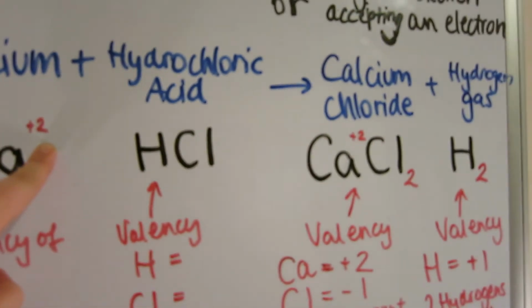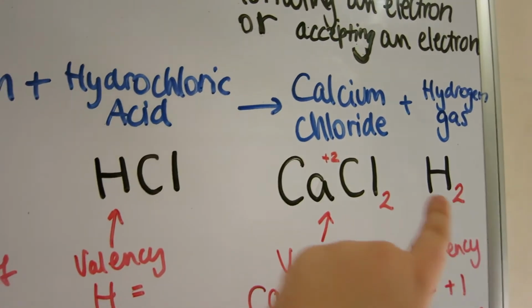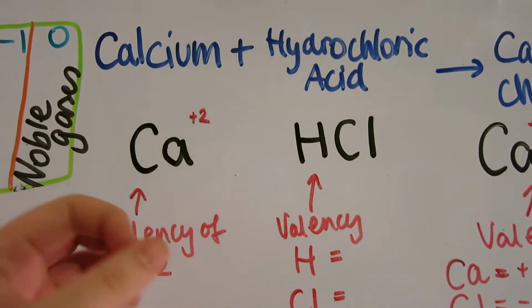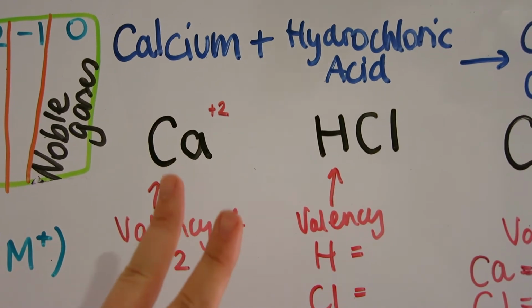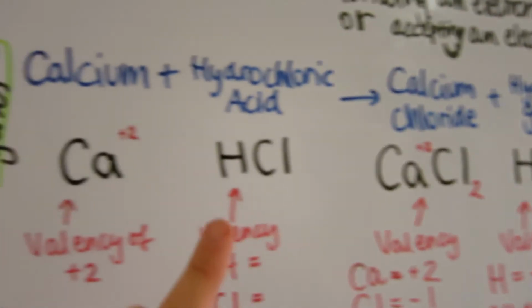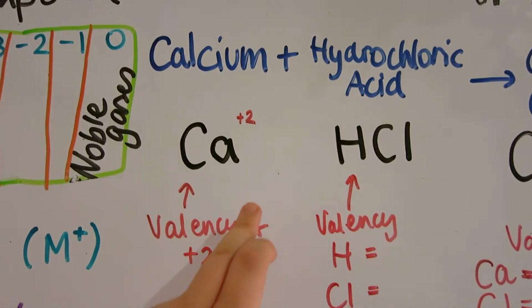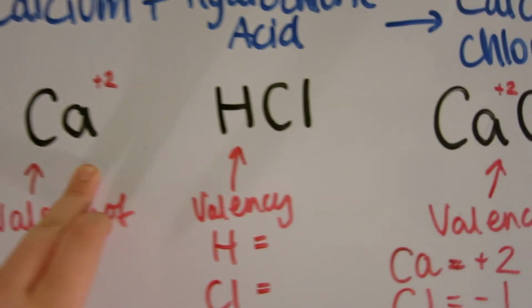Because what we're going to be doing is actually balancing the charges to make sure that everything is balanced. Because we have to balance the charges and we have to balance the amount of atoms to make sure that the whole equation is correct. So we've got our valency of +2 for calcium.